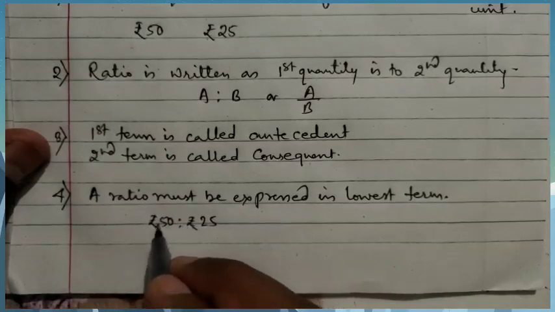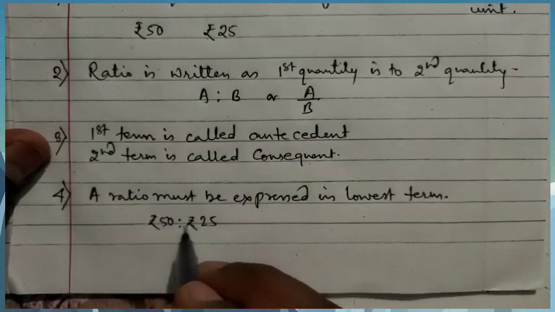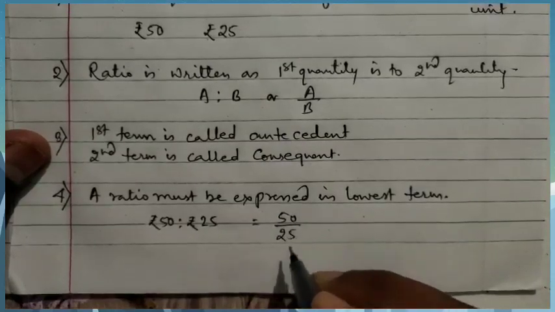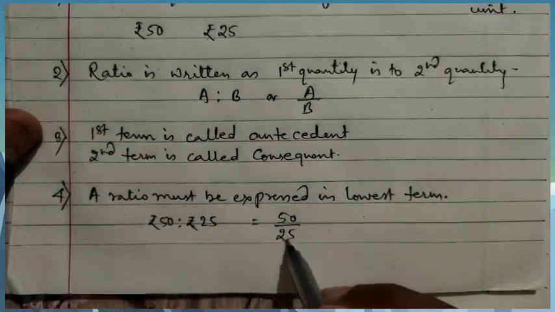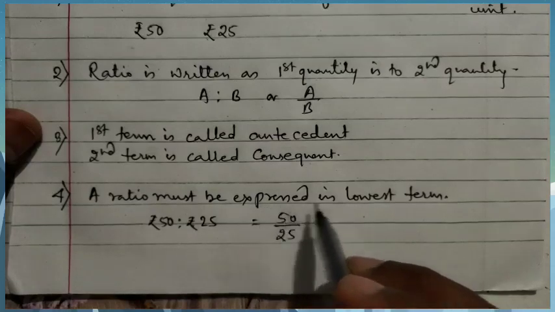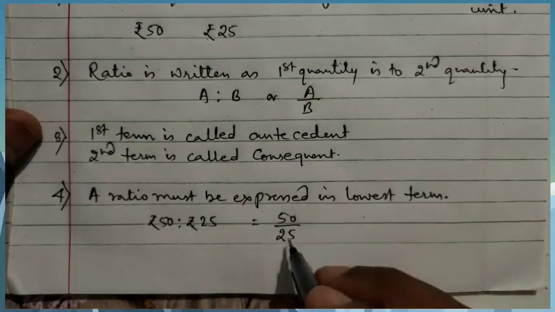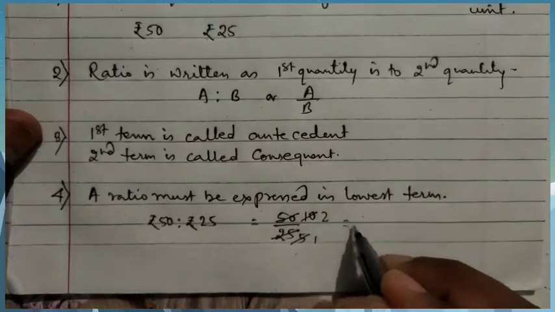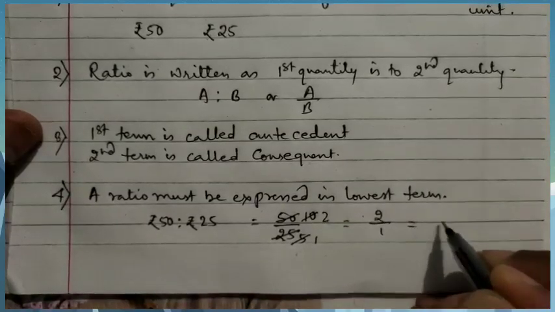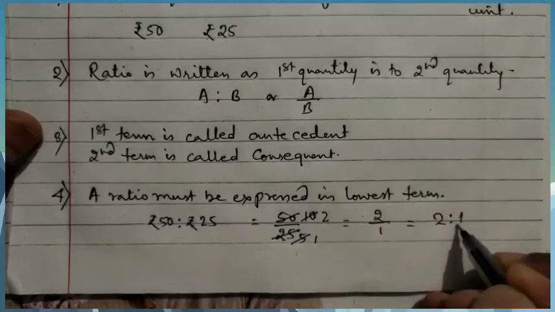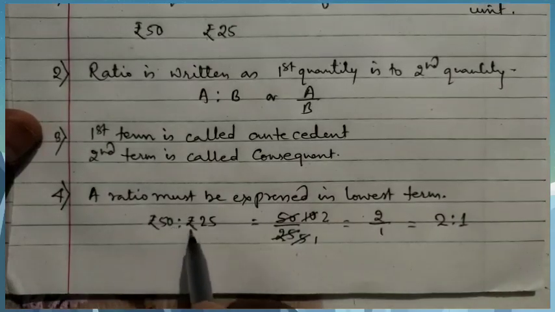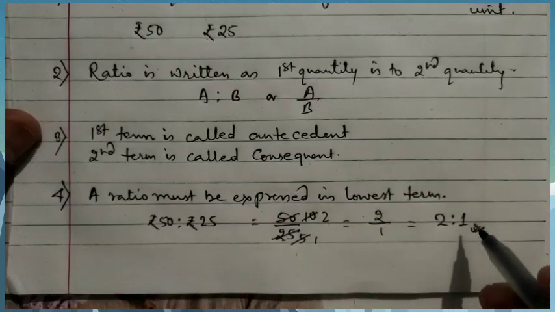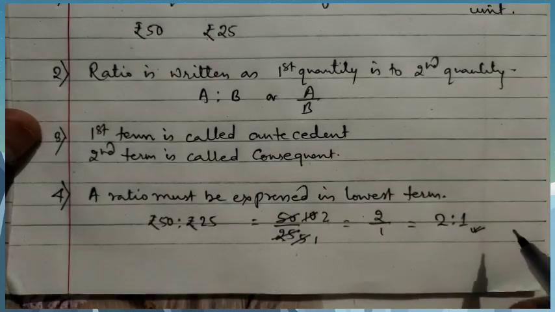Both have the same unit, same type. We can write this as rupees 50 by rupees 25. Now it is a fraction and we have to reduce the fraction to the lowest term. 5 5s are 25, 5 10s are 50, 5 1s are 5, 5 2s are 10. It is 2 by 1. That means we can say 2 ratio 1. Rupees 50 ratio rupees 25 can be written as 2 ratio 1. It should be expressed in the lowest term.